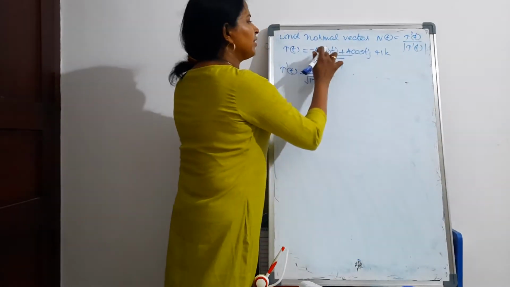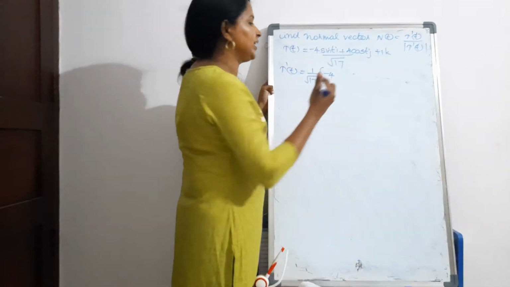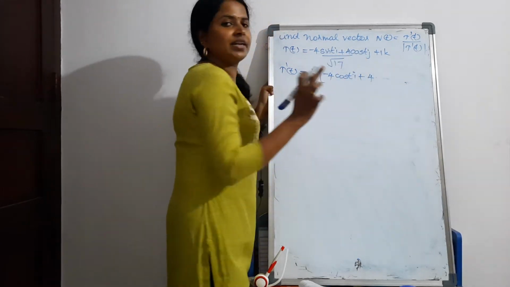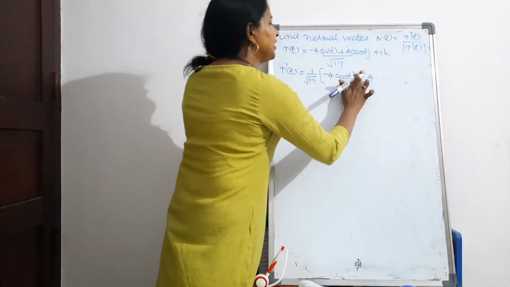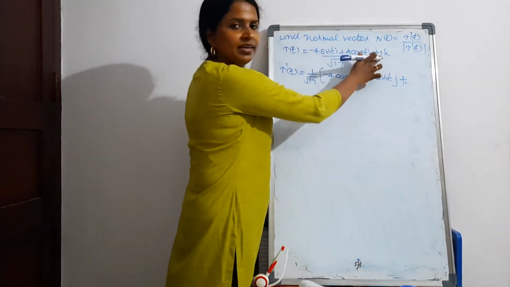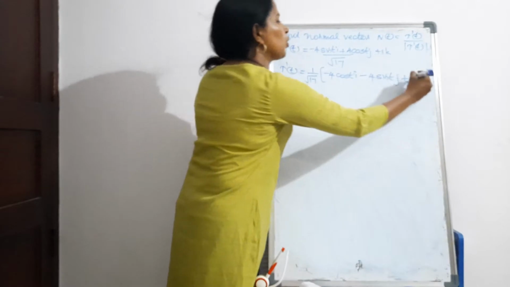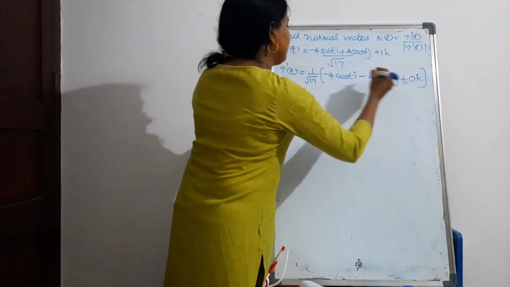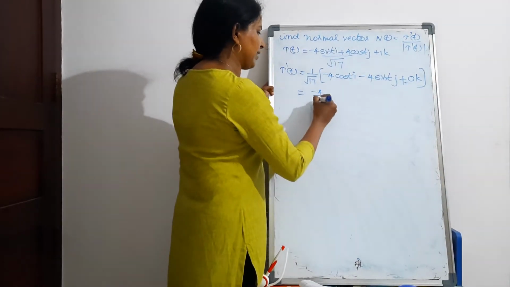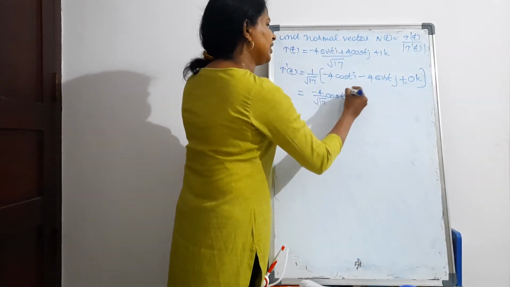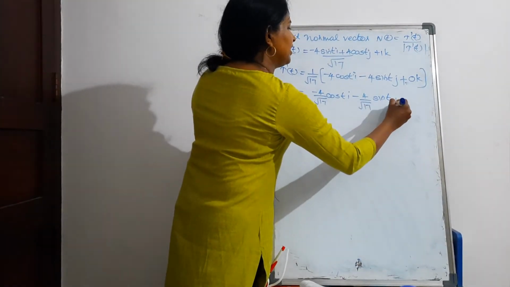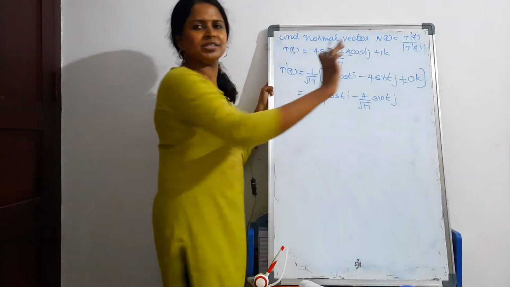The derivative of sin t is cos t, so minus 4 cos t i, plus 4 times the derivative of cos t, which is minus sin t, so minus sin t j, plus the derivative of 1 is 0 k. That is minus 4 by root 17 cos t i minus 4 by root 17 sin t j. The last value is 0.